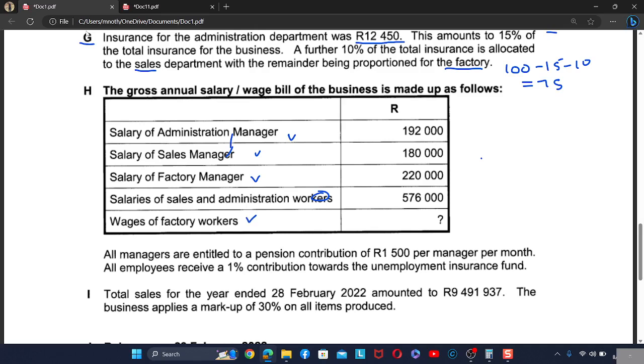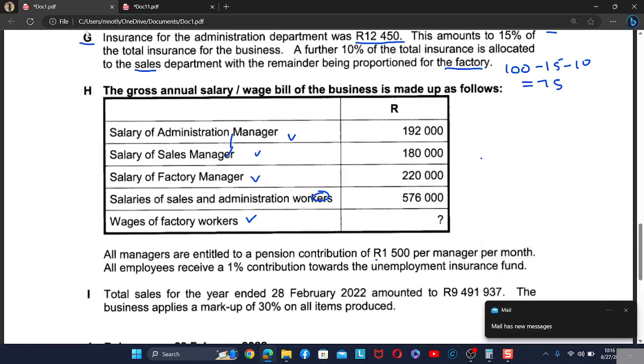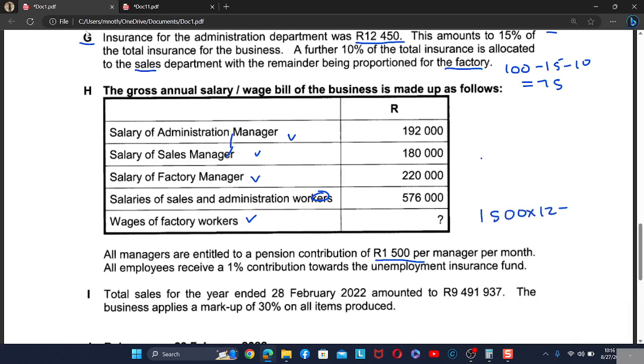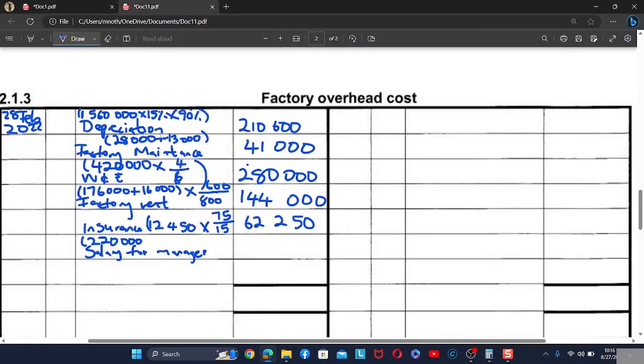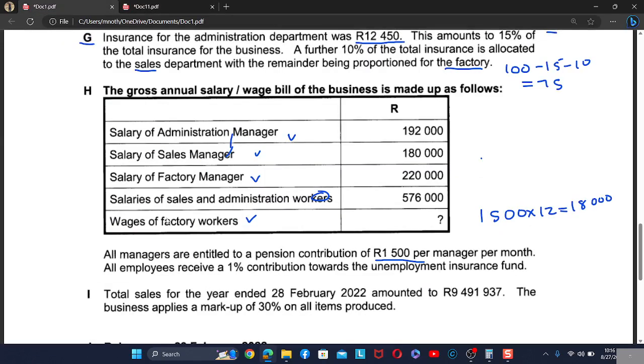And then they're continuing. All managers are entitled to a pension fund of 1.5 per month, right? So 1.5 multiplied by 12, that is 18,000. So that is also an expense. So come and add it here, 18,000 plus what else? All employees receive 1% contribution towards the unemployment insurance fund, right?